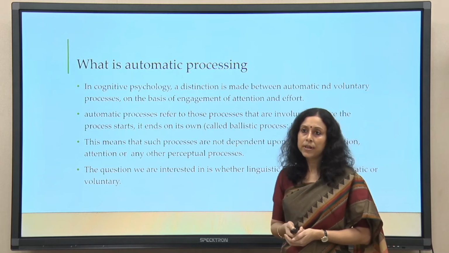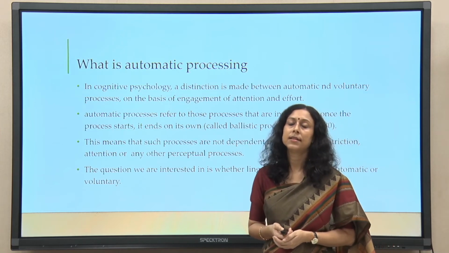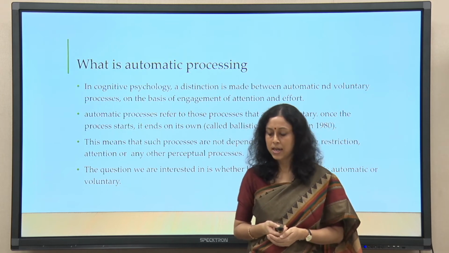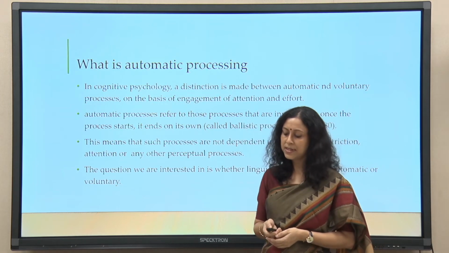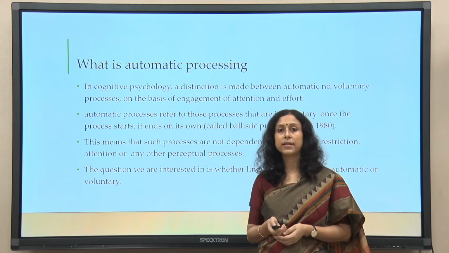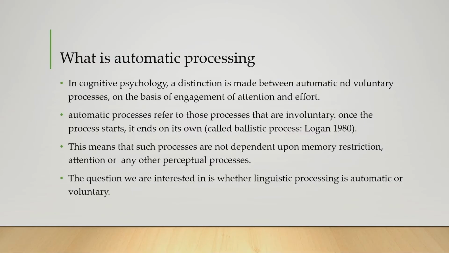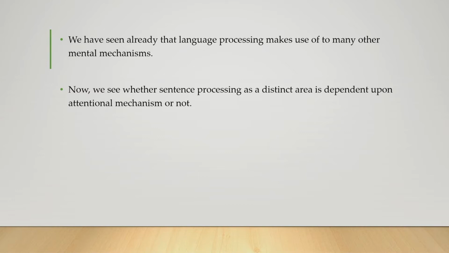But in this course, we are interested more in how this affects language processing. Which aspects of language processing are automatic or involuntary, and which processes are voluntary? The moment we say voluntary, we automatically bring in other apparatus like attention. The moment we focus our selective attention on something, that makes it voluntary, because we want to process that information.